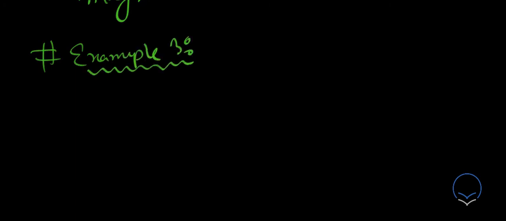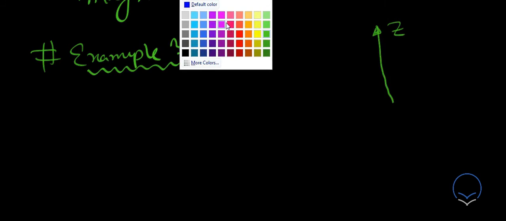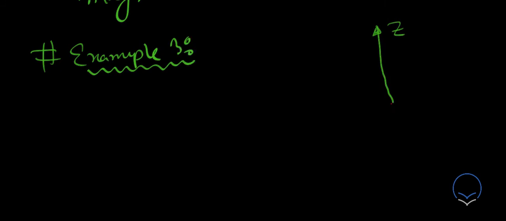But let's now focus on another example. So example 3. This example 3 will be taken as follows. Let's call this the positive z-axis. Again, we are back to our ordinary 3-dimensional space. Let's call this the x-axis.